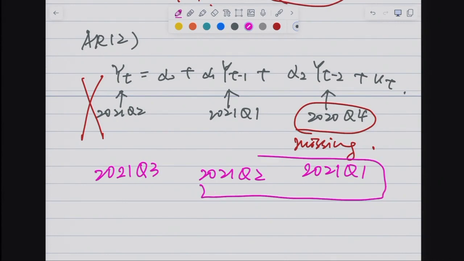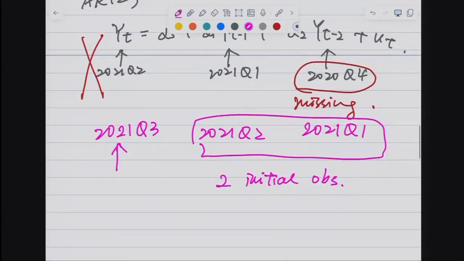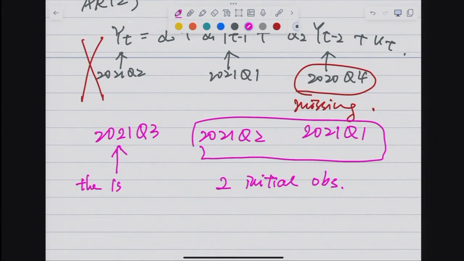These are the 2 initial observations, and 2021 Q3 is the first observation that can be fitted to an AR2.